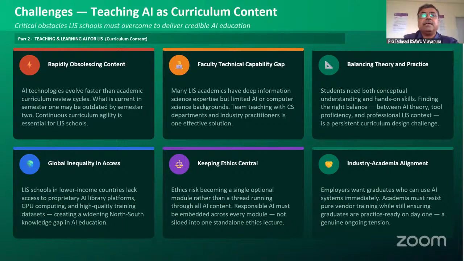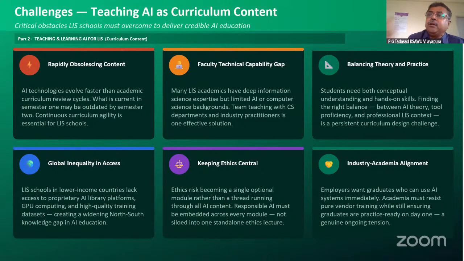The last one we have to think about is industry-academia alignment. To what extent does industry recognize our graduates who can handle the systems effectively? Those industries have to be aligned with the graduating schools or the departments of library and information science.